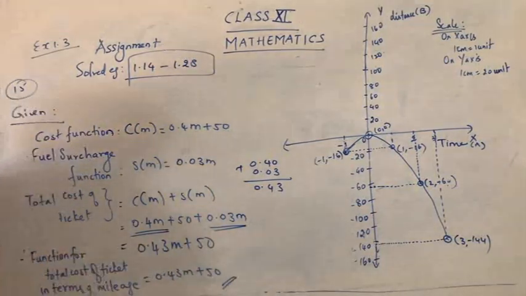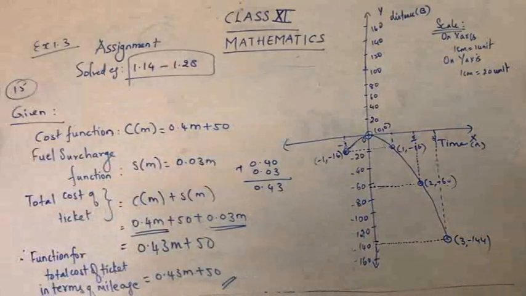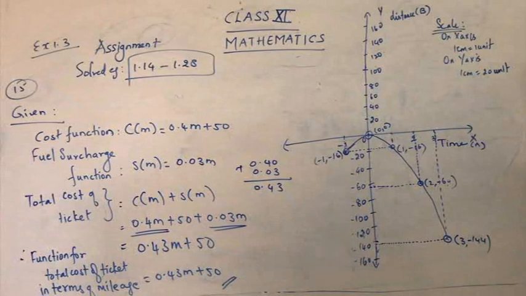So we have found the first part of the answer, the function, 0.43 M plus 50.